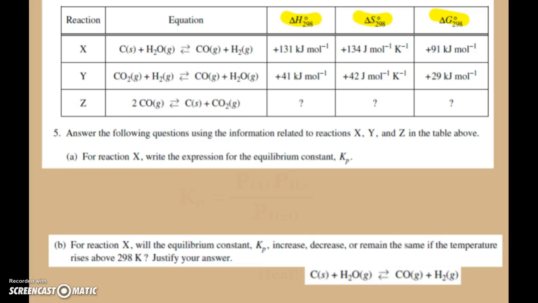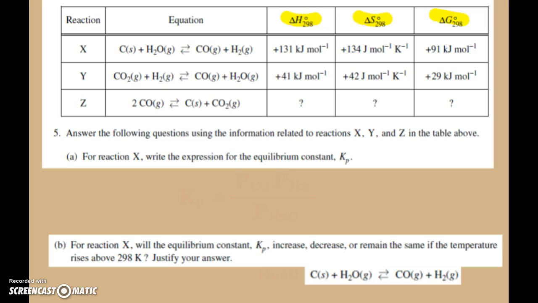Delta S tells us whether the entropy of a reaction is increasing or decreasing. And then delta G tells us, is the reaction thermodynamically favored as written? Positive, no. Negative, yes. So that's hopefully some stuff that's bubbling through your head as you get ready to go. Now it's a multi-step question, so again, grab as many of these points as you can.